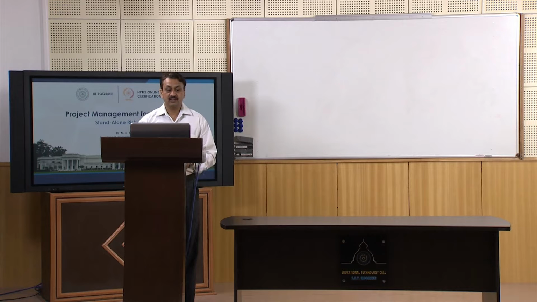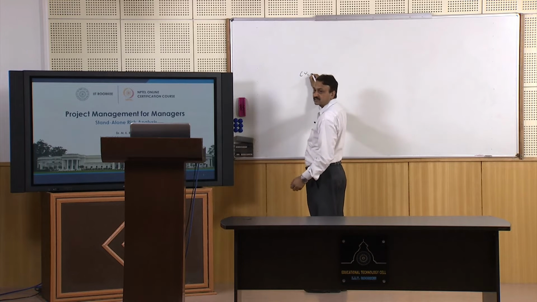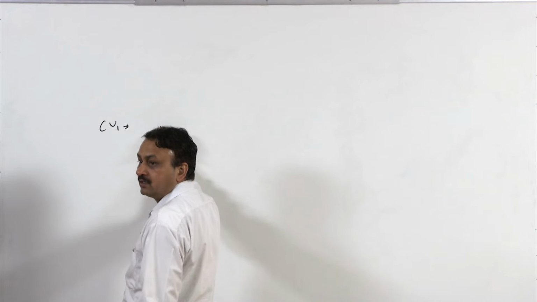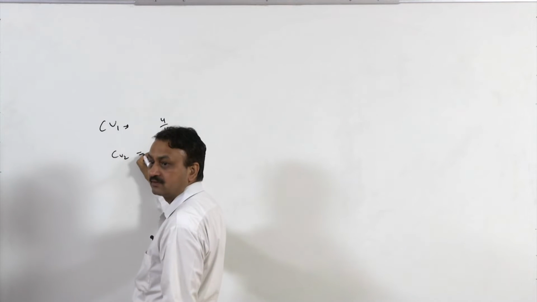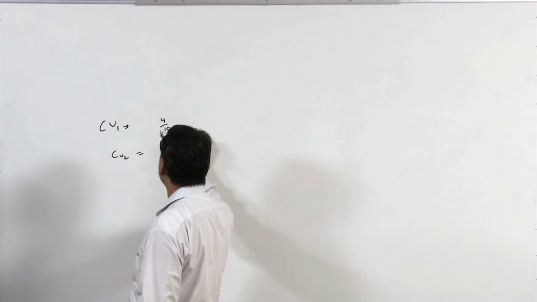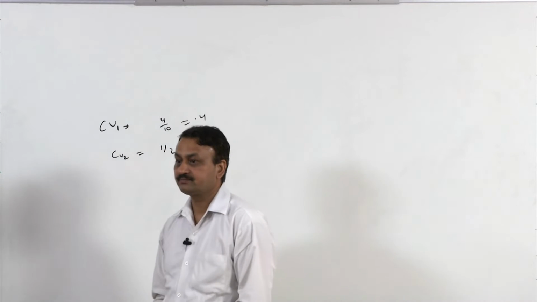So, NPV of a project is 10, but standard deviation is 4, while NPV of the second project is 8 and standard deviation is 4. So, we will calculate the coefficient of variation like this. For the first it is 4 by 10 and for the second it is 4 by 8. So, this is 0.4 and this is 0.5, right.